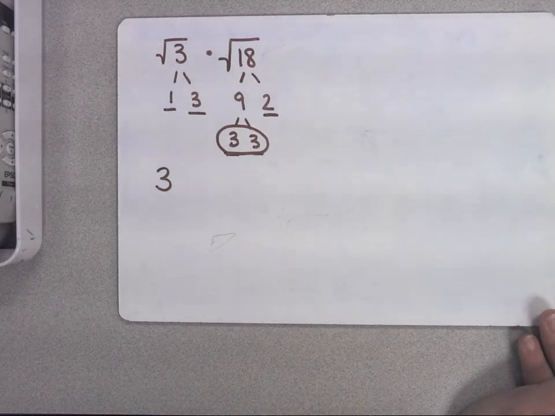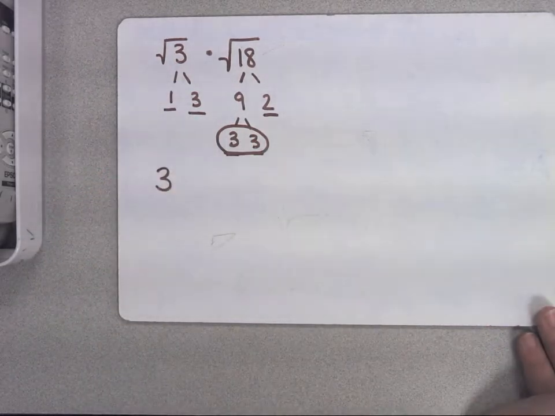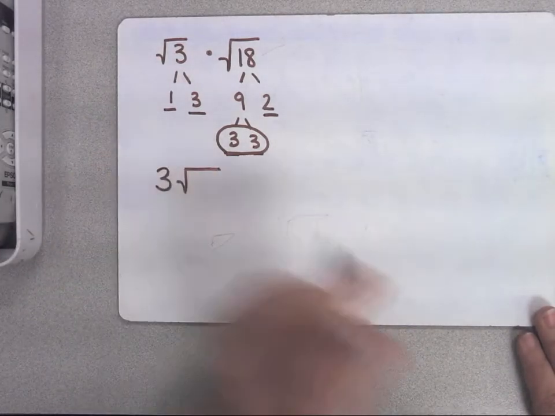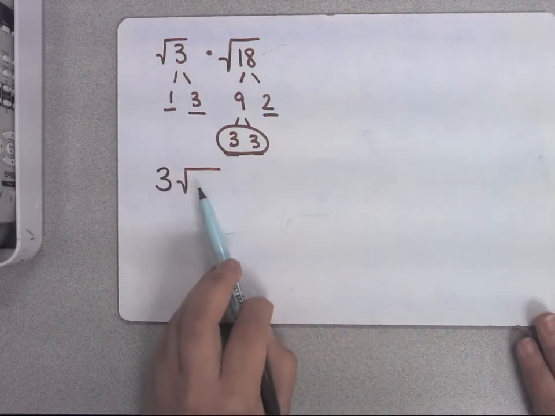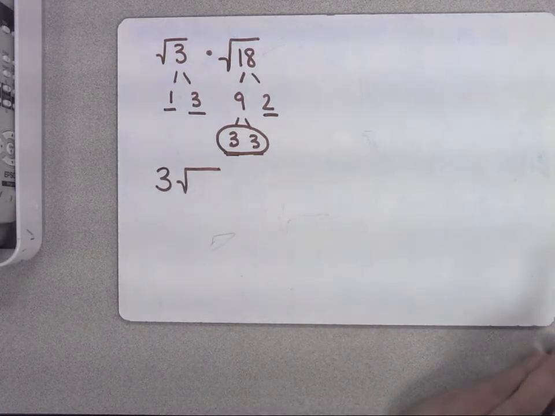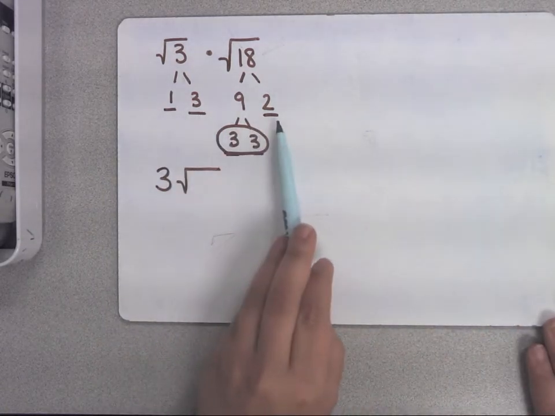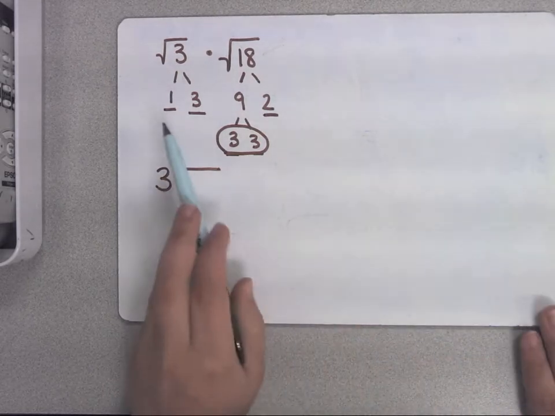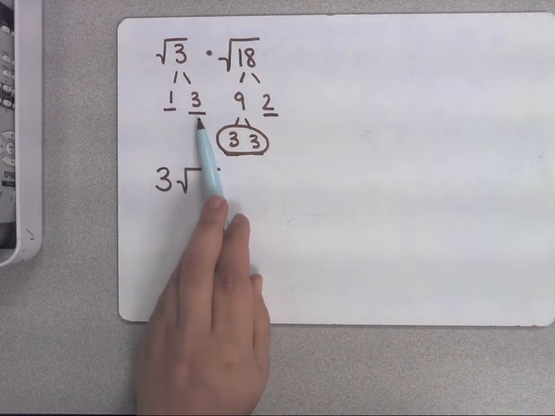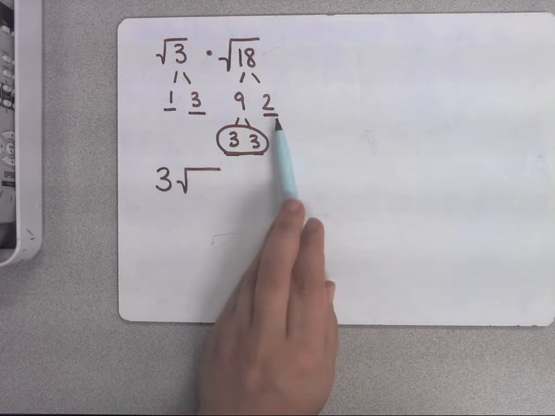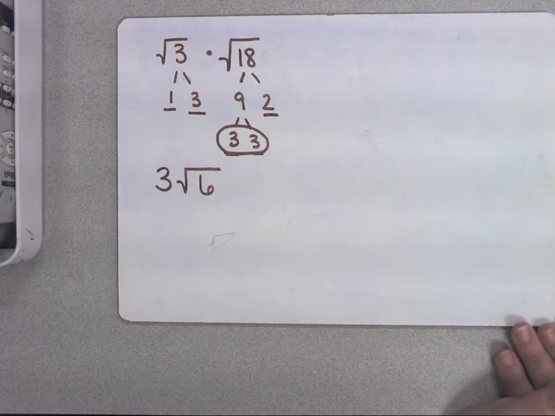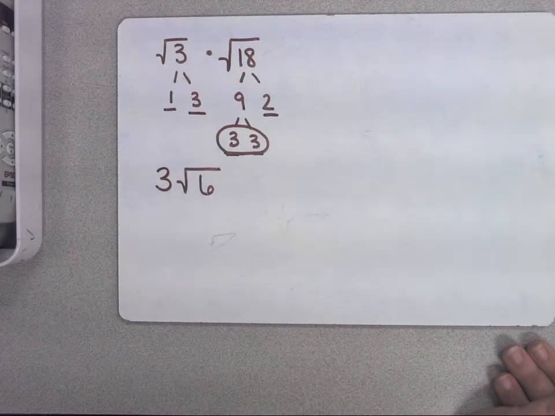It's a whole number now. Is there anything else circled? No. So everything else that's not circled but is underlined is going to go underneath. And what operation do we use with all of these numbers? Multiplication. So what is 1 times 3 times 2? So my answer is 3 square root of 6.